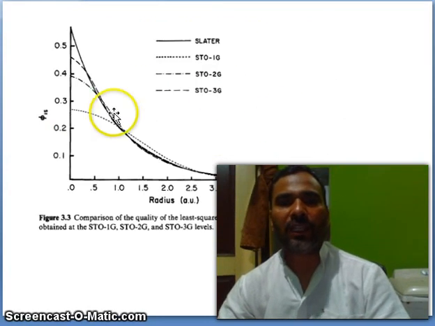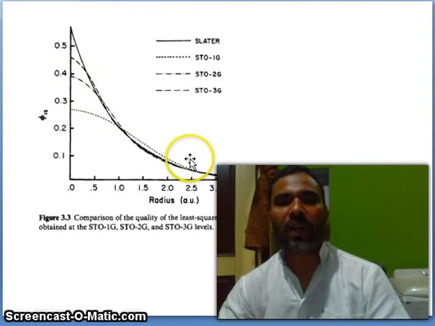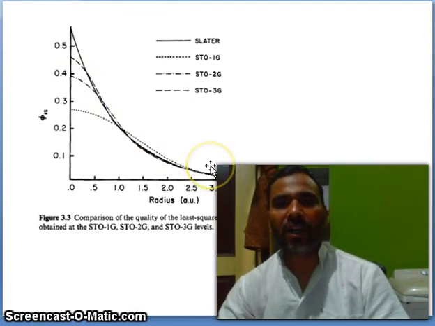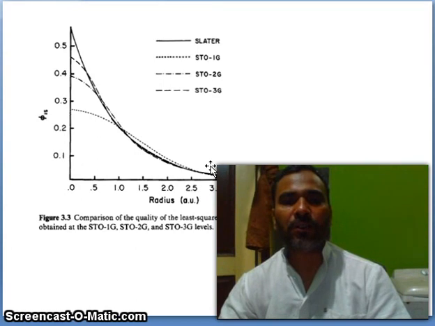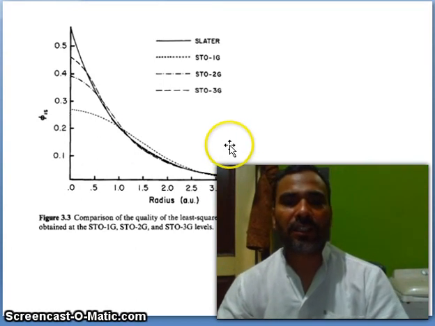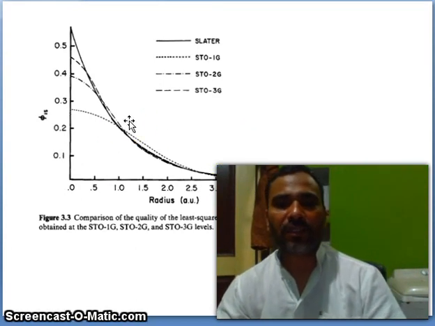So you see the differences: this is the Slater type, this is the STO-1G, this is the STO-2G, and this is the STO-3G. Comparison of the quality of the least squares fit of a 1s Slater function with zeta equal to 1 obtained at the STO-1G, STO-2G and STO-3G levels. So this is the fitting curve.